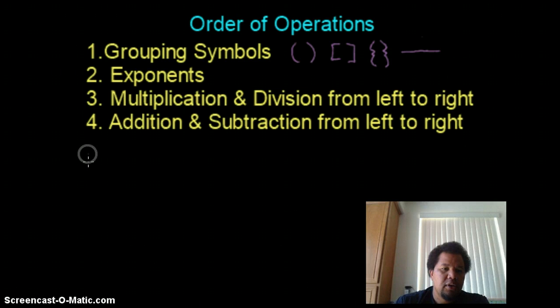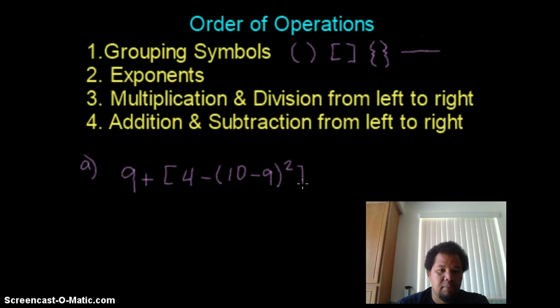Let's go to the first example. 9 plus 4 minus 10 minus 9 to the second power, bracket, to the third power. So here we have 2 sets of grouping symbols. We always work within the grouping symbols, the innermost.